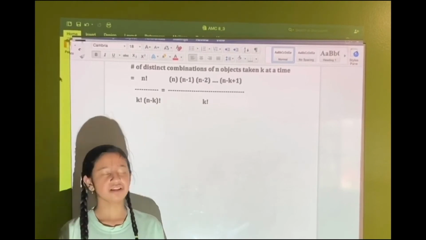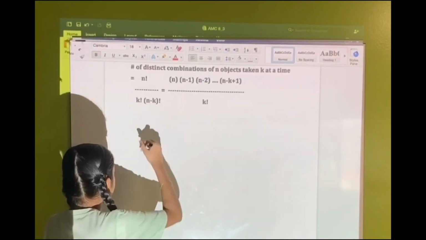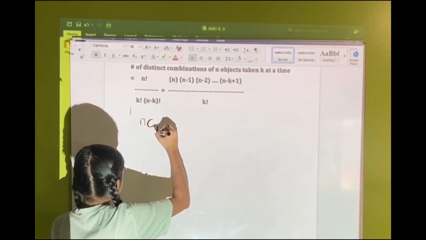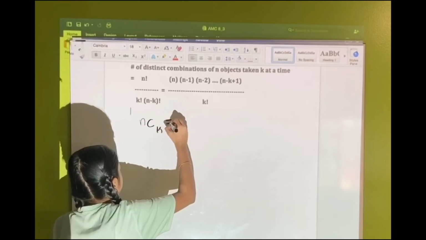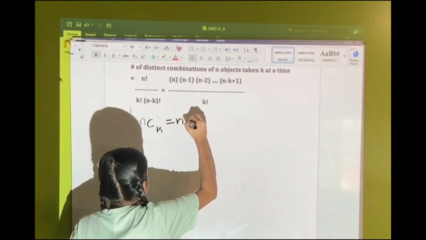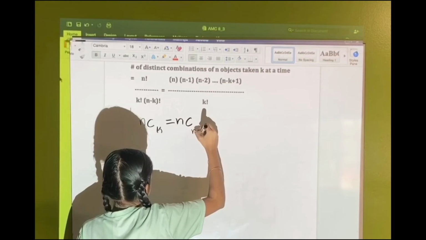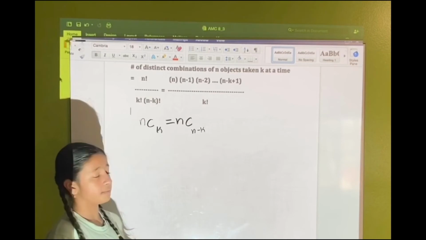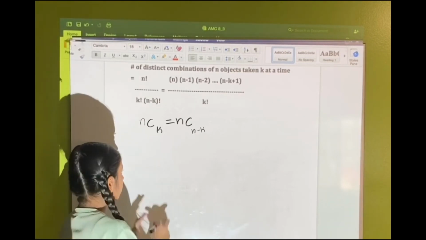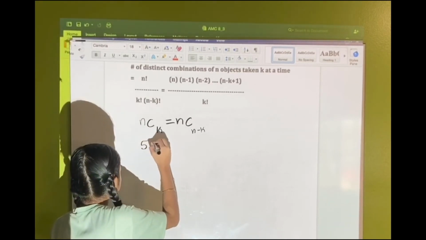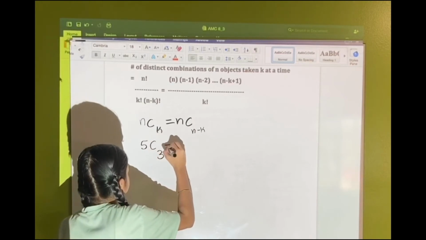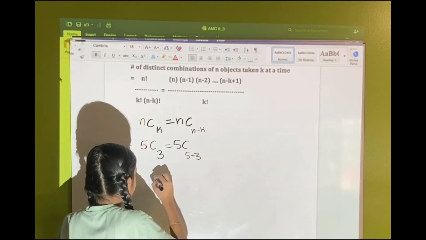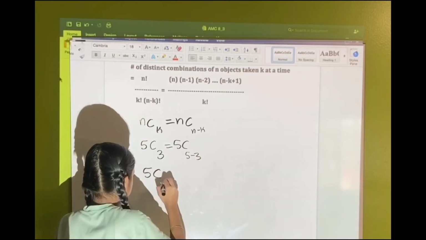Just a small tip on this. n choose k is equal to n choose n minus k. So if we're going to have problems, we can take from our previous problem 5 choose 3. So 5 choose 3 is equal to 5 choose 5 minus 3, which is 5 choose 2.